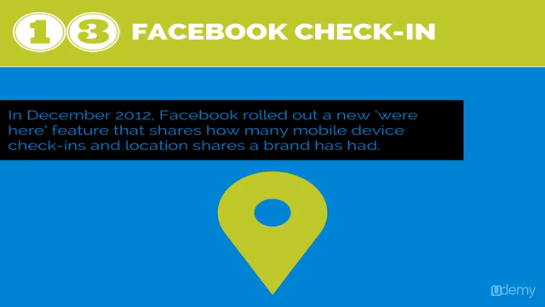If your business has a physical public location, encourage customers to check in on Facebook to take advantage of the We're Here feature. In December 2012, Facebook rolled out a new We're Here feature that shares how many mobile device check-ins and location shares a brand has had. This allows businesses to take social proof one step further.